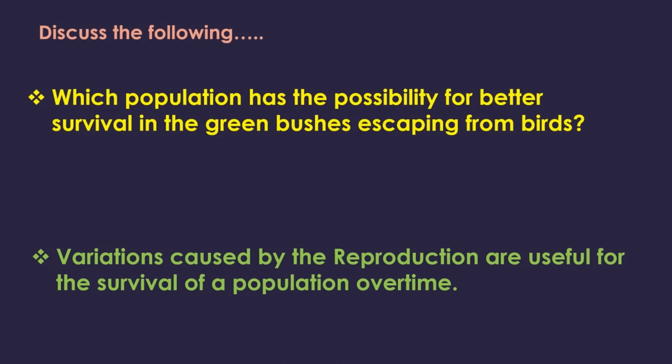And also, the same variations can be useful for the survival of a population over time. If variations are beneficial, they would be helpful for the survival of the population over time. If the variations are not useful for the organisms, then the variations may lead to population loss also.